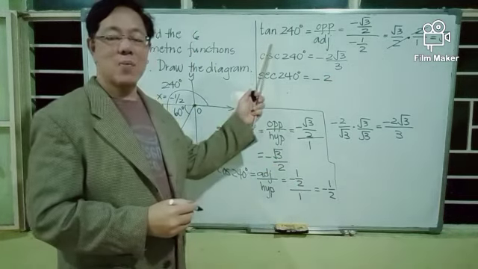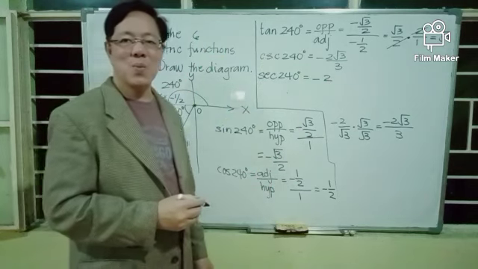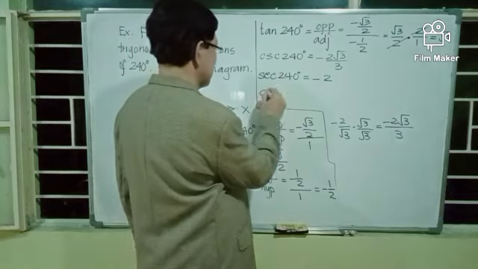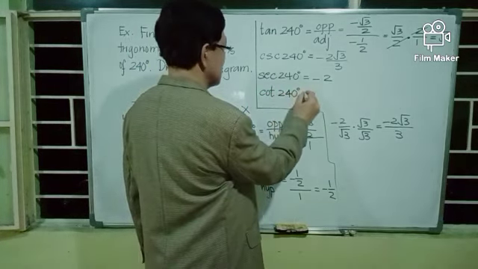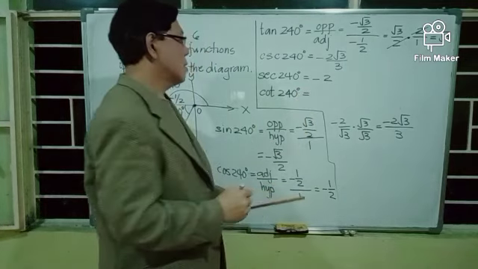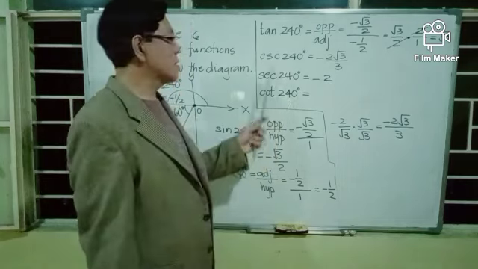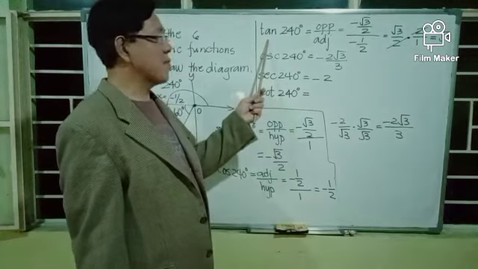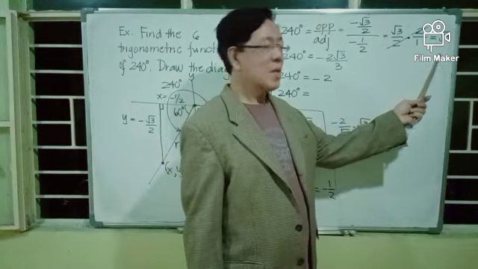Finally, the reciprocal of tangent is cotangent, and we find the cotangent of 240 degrees. The value of cotangent of 240 degrees is the reciprocal of the value of tangent of 240 degrees, which is square root of 3.